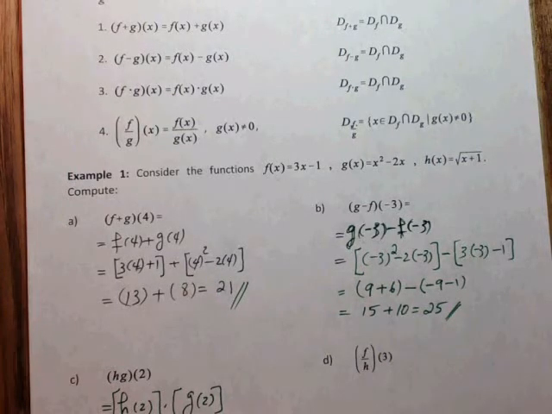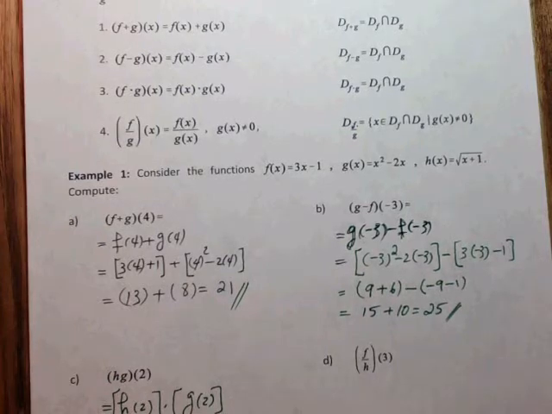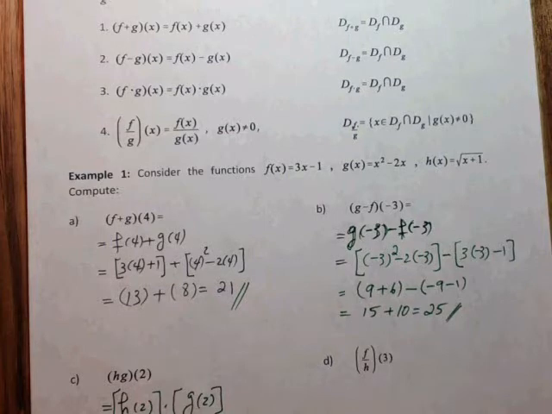So the square root of 3 times, this is 4 minus 4 is 0, so you get 0 actually.